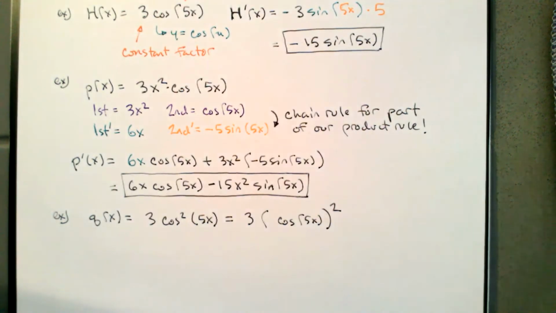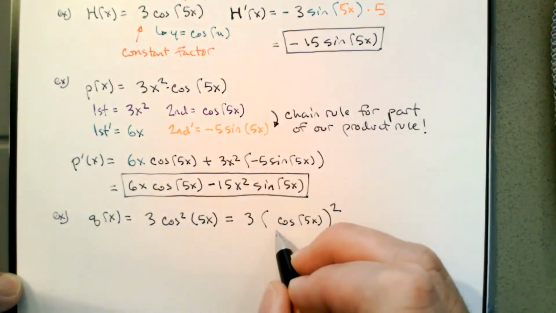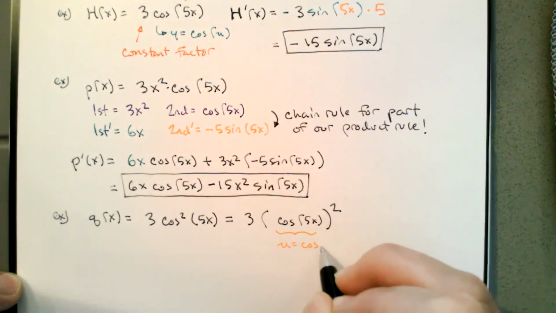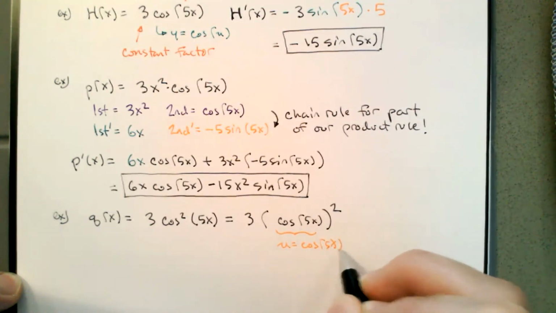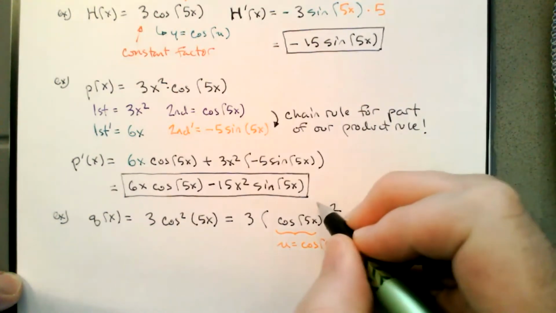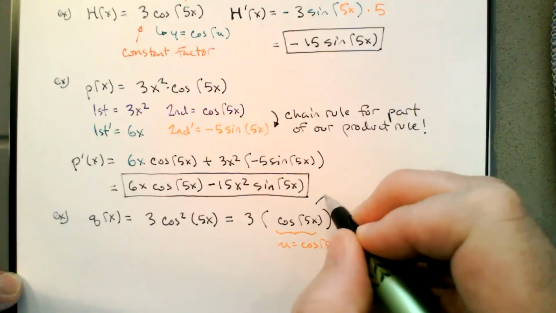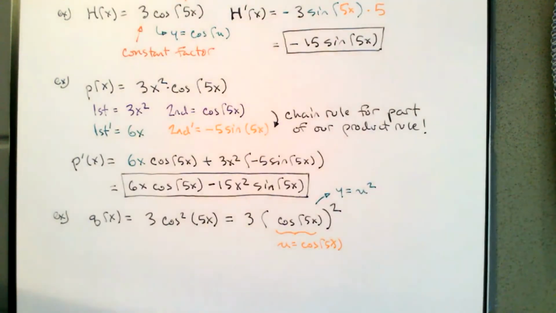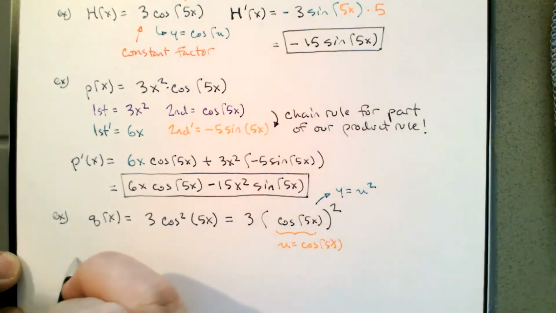So I would say u is cosine of 5x. And our outside function, y is u squared. So the derivative of something squared is 2 times that thing times the derivative of the thing. So q prime of x.